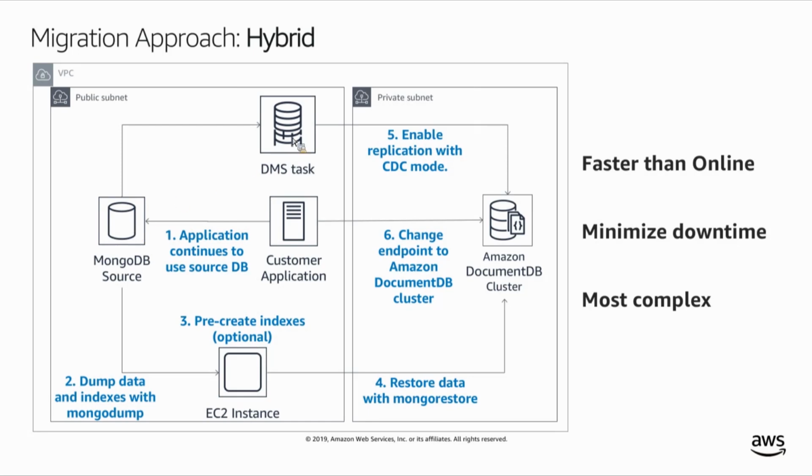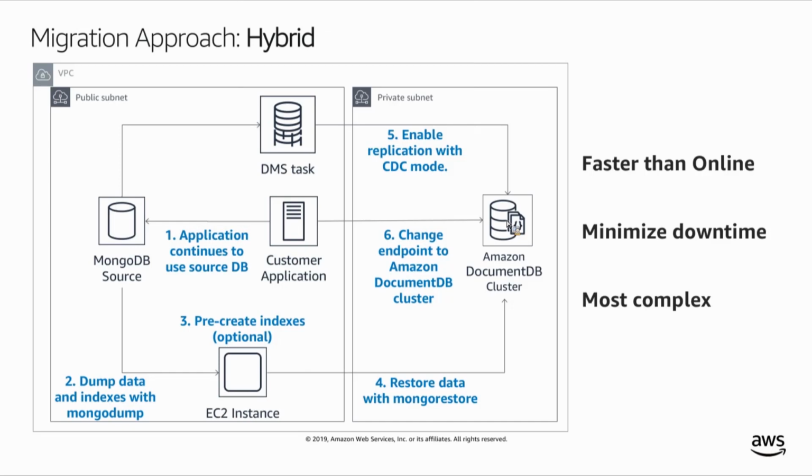So that DMS task is capable of taking instruction to say, I want you to start replicating from this point in the past. And we would tell it in this case, start replicating from that time T0 when I dumped my data and indexes, and DMS will then start replicating from this point in the past the changes to your DocumentDB cluster.